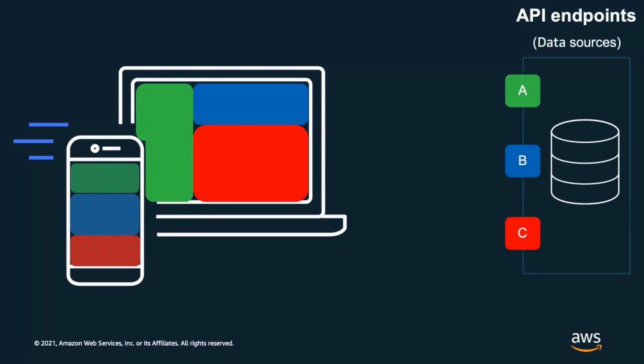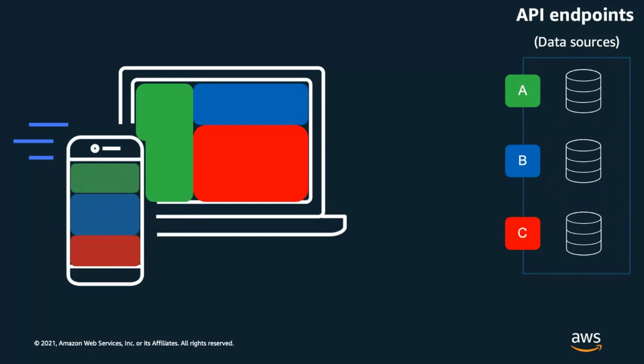So with traditional APIs, usually multiple endpoints are exposed. These endpoints can access the same data source with different access patterns and different requirements. Sometimes each endpoint can access a separate data source. So for example, here we have three different databases.